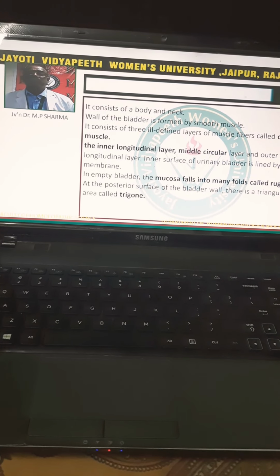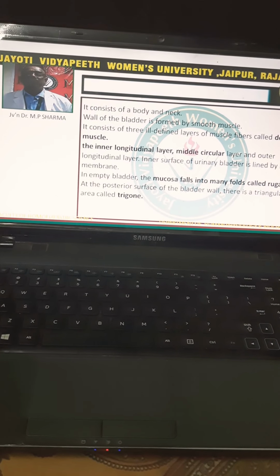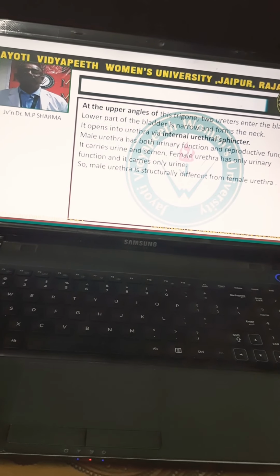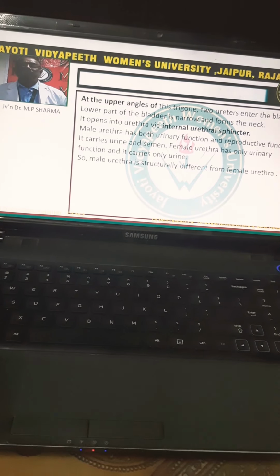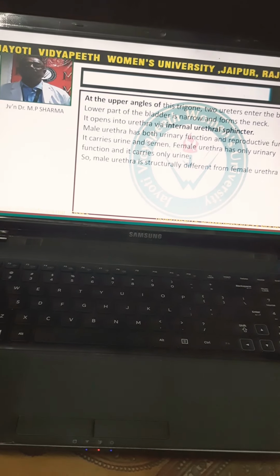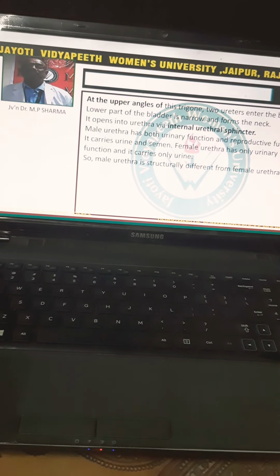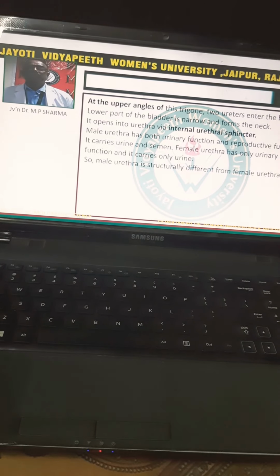At the posterior surface of the bladder wall, there is a triangular area called trigone. At the upper angle of this trigone, two ureters enter the bladder. Lower part of the bladder is narrow and forms the neck, and it opens into the urethra via internal urethral sphincter.